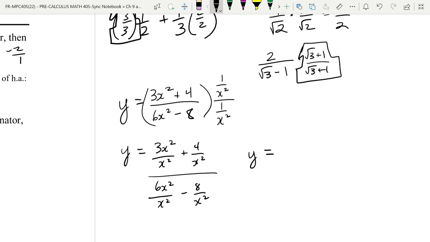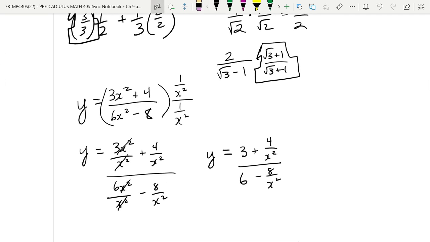And that leads me to 3 plus 4 over x squared, and then 6 minus 8 over x squared. And you might be wondering, how on earth does that equal a half when you have all this stuff here that you got to deal with? Well, imagine what happens to this equation as you go forever to the left or right.